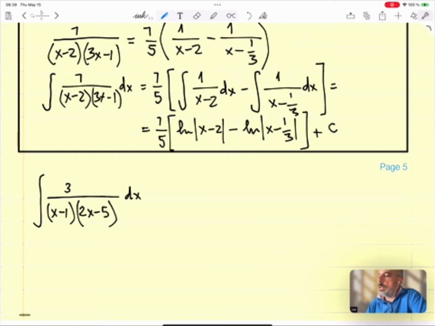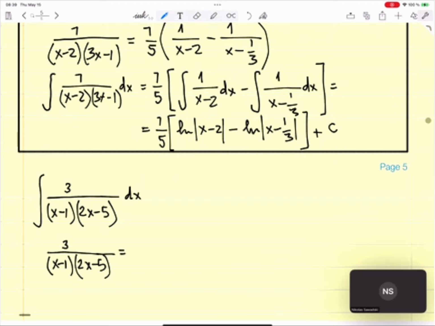So let's take the denominator, x minus 1 and 2x minus 5. We can do it step by step. So x minus 1, we leave it.